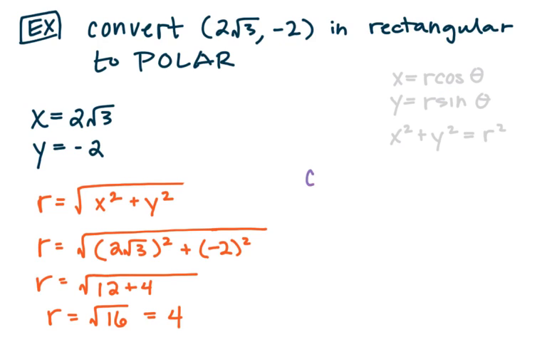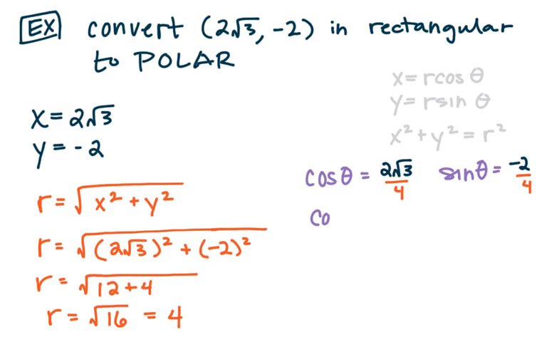Cosine of theta is x over r, 2 root 3 over 4, and sine theta is y over r, negative 2 over 4.